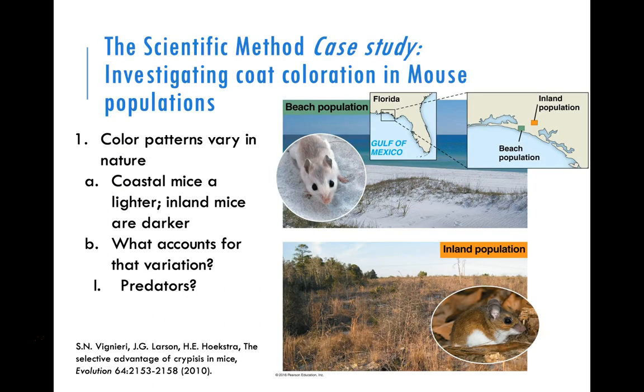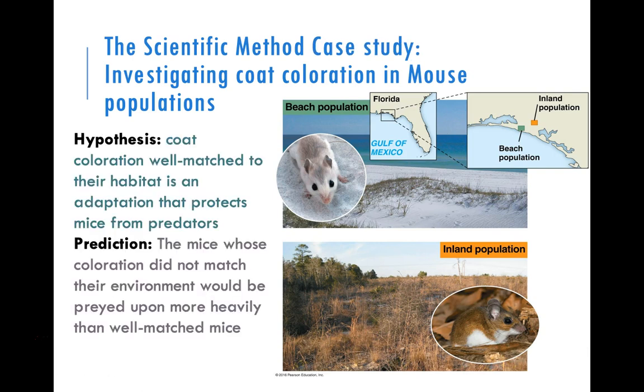All right, so let's get into this case study on the coat coloration in mice. So to start out, as I said, we have these white mice on the white sand, and we have these brown mice on the brown soil and grassland. So let's start off with the hypothesis that these researchers proposed.